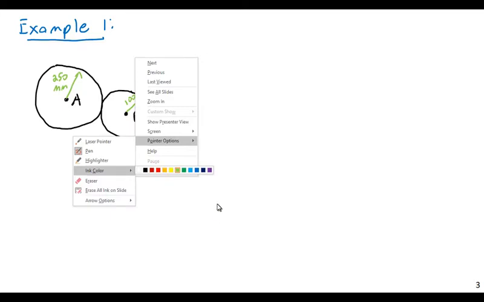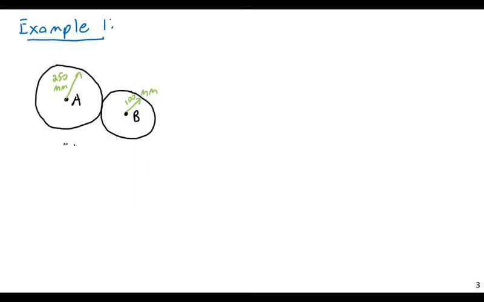The radius of gyration. Good. So I'm told the following information. The mass of A is going to be 10 kilograms. And the KA, the radius of gyration of A, although different books may use different labels, is going to be 200 millimeters.